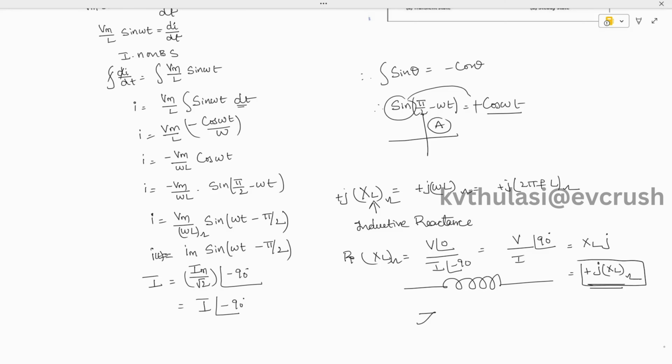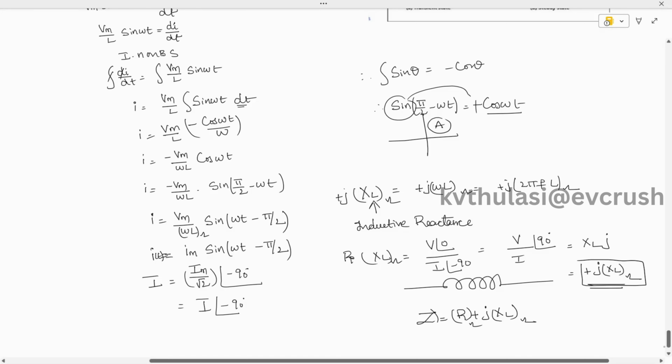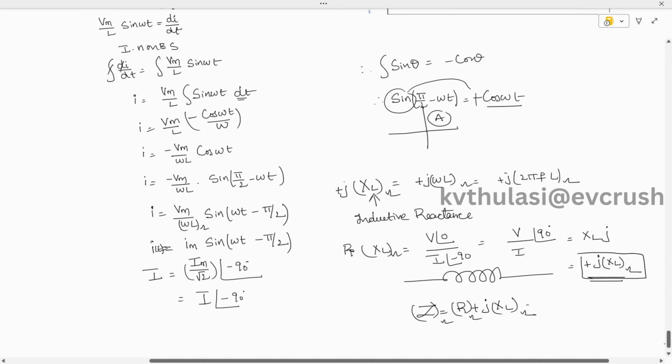Therefore the total impedance we can write as R plus J XL ohms. The units of XL is ohms, the units of R is also ohm, the units of Z is also ohm. This is how to write the impedance in rectangular form.